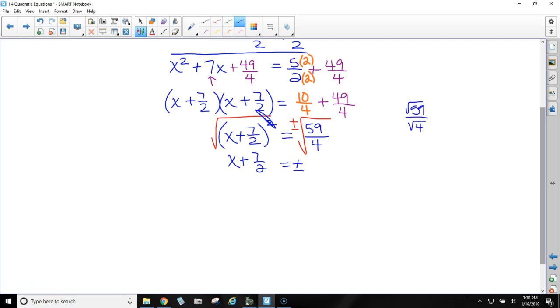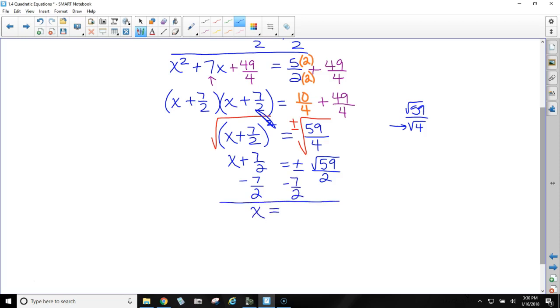I don't think that 59 will break down. There are not any factors of 59 that are perfect squares, so the best we can do is write it as square root of 59 over, but the square root of 4 is 2. One other thing we need to do to solve for x, our variable, is to subtract 7/2 from both sides of our equation.